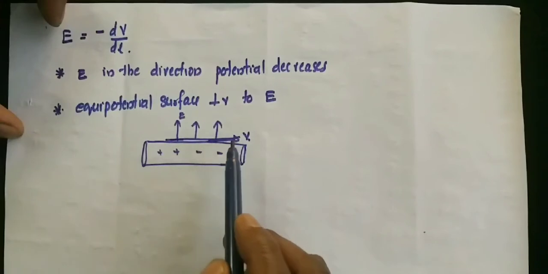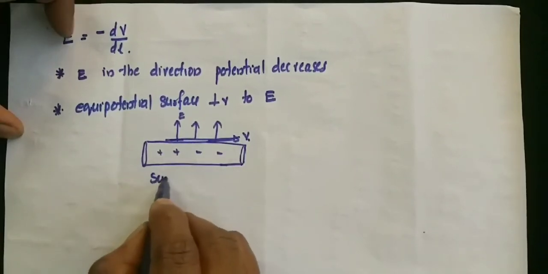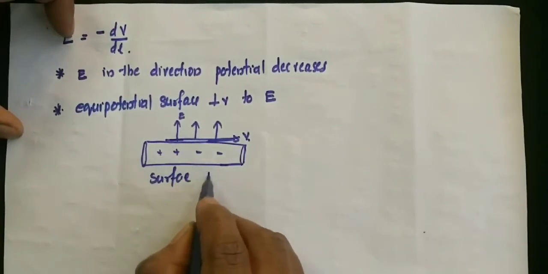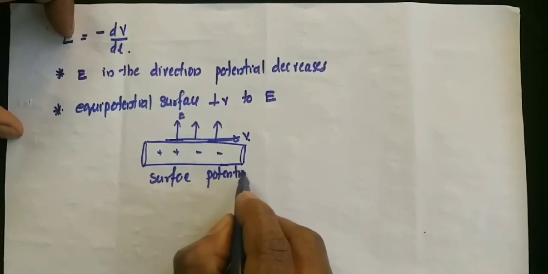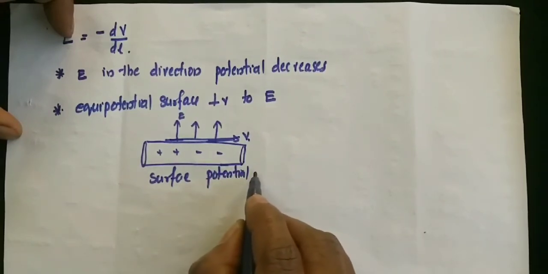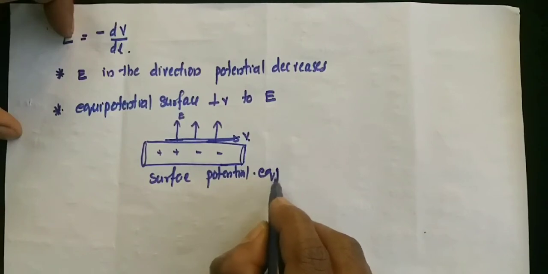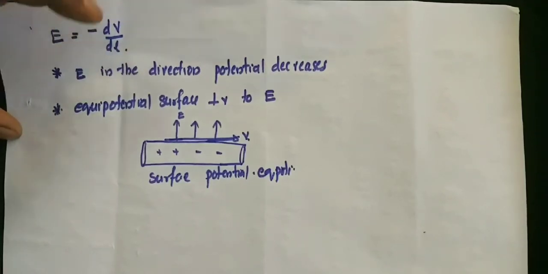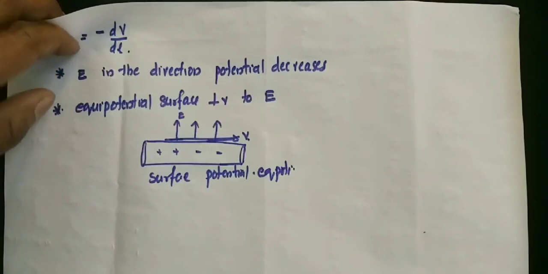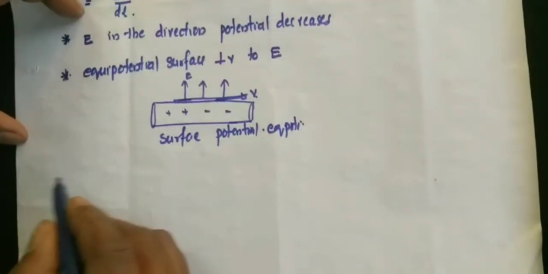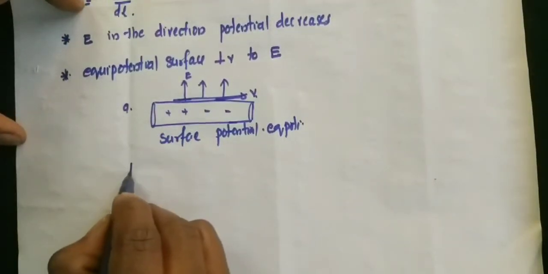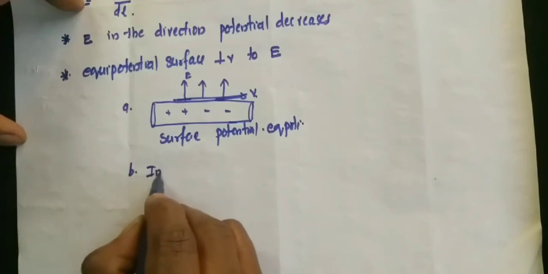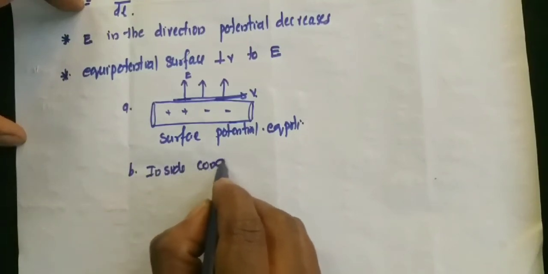That means the entire surface of the conductor will be at uniform potential. That means it will be an equipotential surface. So no doubt here, the surface of a charged conductor will be an equipotential surface. Now let it be at the first point, point A. Now consider the point B, that is the potential inside the conductor.